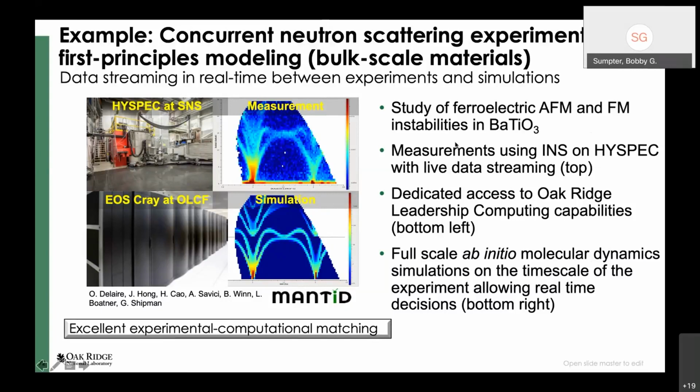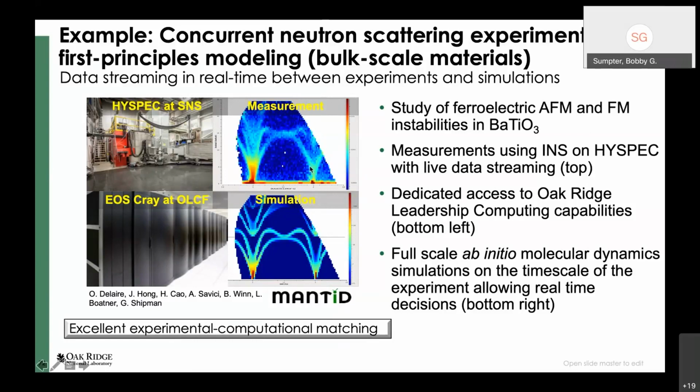So this calculation guided the experiments to realign the scattering, and when they realigned it, they were able to see this phenomenon. If they had not had the simulation happen at the same time and the streaming of the data back and forth, they would have missed it.